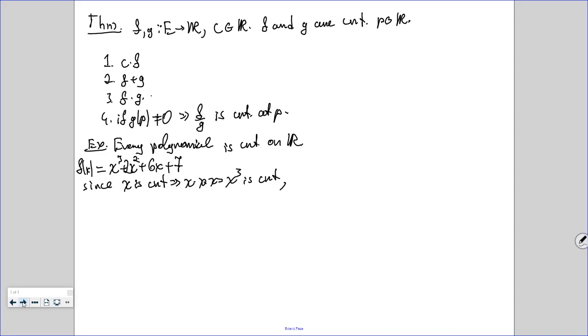Then, using the sum property, we can conclude that the sum of continuous functions is also continuous. Therefore, f(x) is continuous.